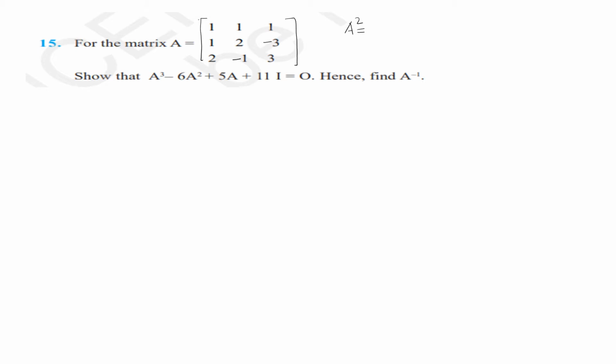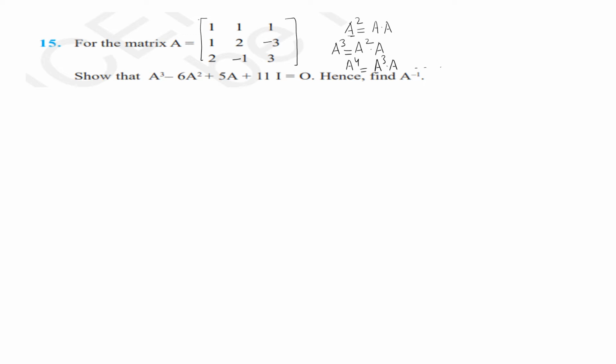A square can be found by multiplying A by itself, and A cube can be found by multiplying this A square matrix with A again. Similarly, A4 can be found by multiplying A cube into A. This is how we can find A square, A cube, and A raised to power 4. So firstly we need to solve this expression.